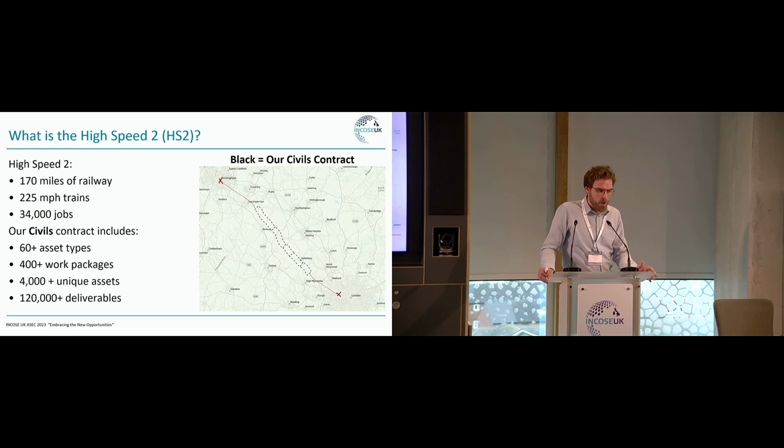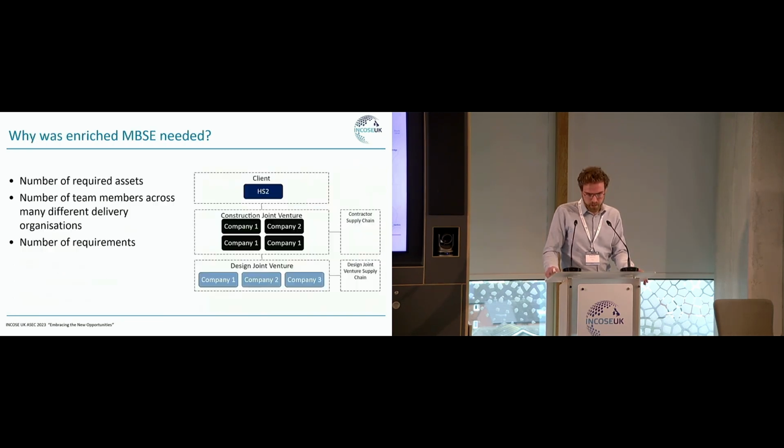So how do we also make sure that, from a work package perspective, all that information is delivered in the right way? And why did we choose, first of all, a model-based systems engineering approach, but also the master data approach? It is the number of required assets. We have 4,000 assets.